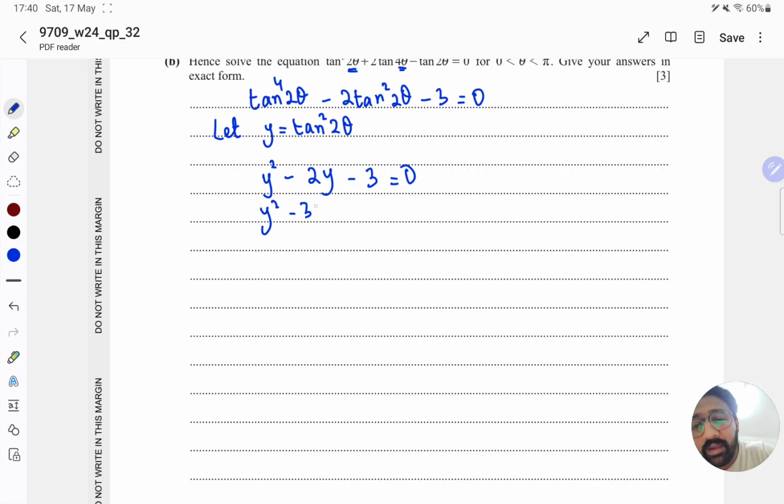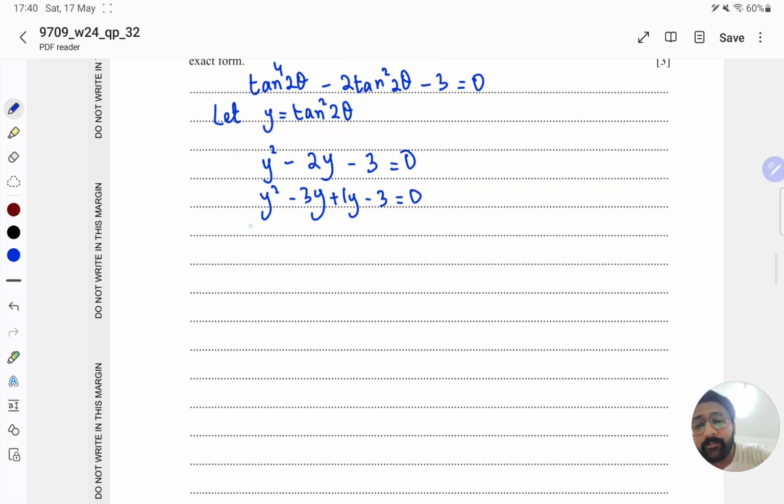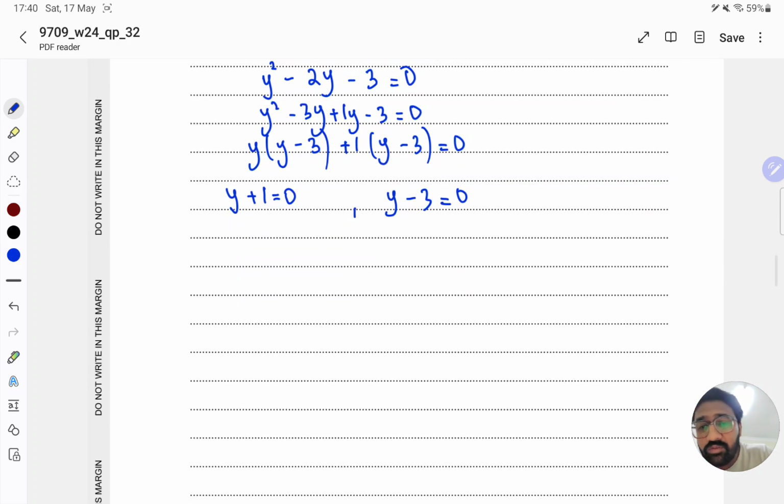So y square minus 3y plus 1y minus 3 equals 0. So y can be taken common, y minus 3 times (y plus 1) equal to 0. The brackets will be y plus 1 equal to 0 and y minus 3 equal to 0. So y will be equal to minus 1 and y will be equal to plus 3.